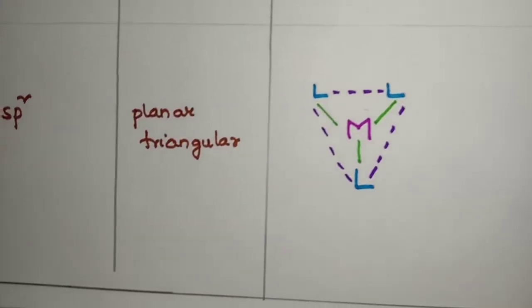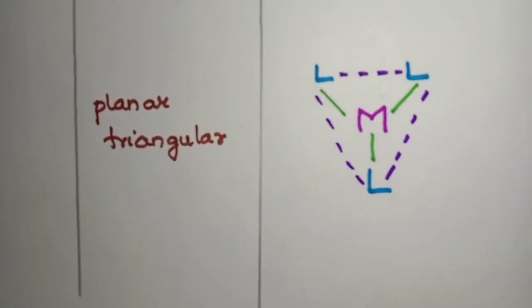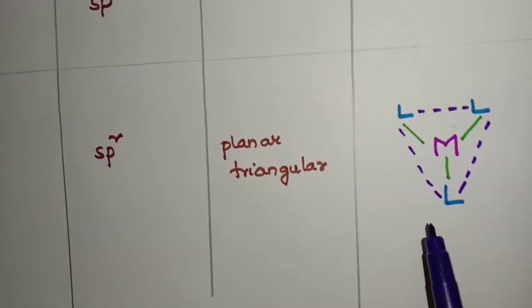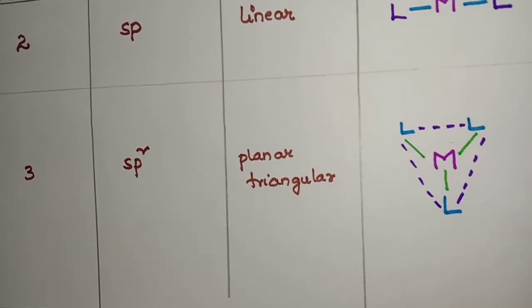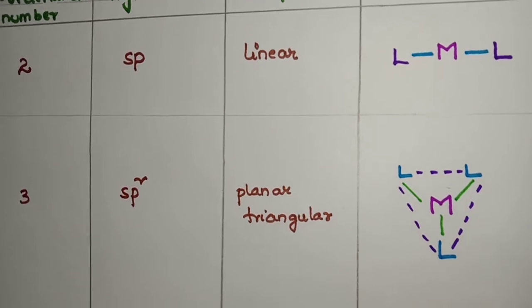Students, you can see the structure of the complex when the coordination number is 3, that is, the shape is planar triangular. So the structure of the complex would look like this: metal with the 3 ligands. Clear? Next, moving on to the next complex.